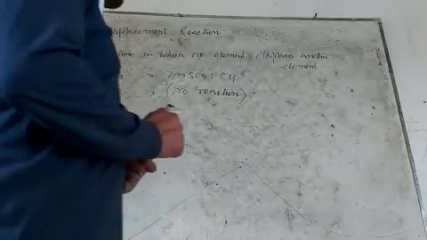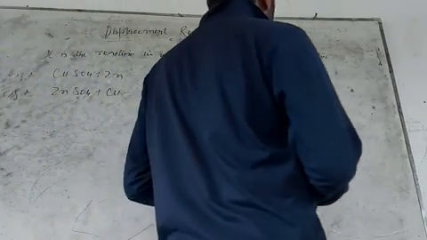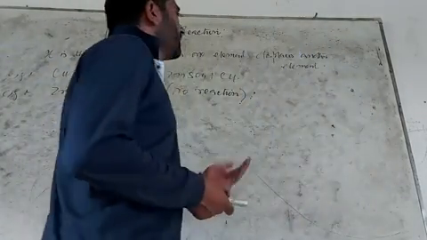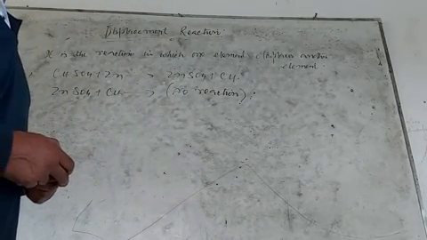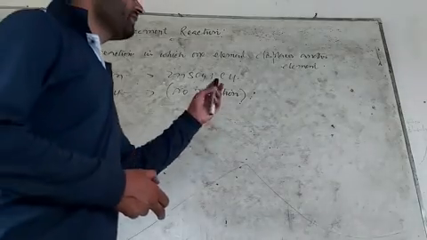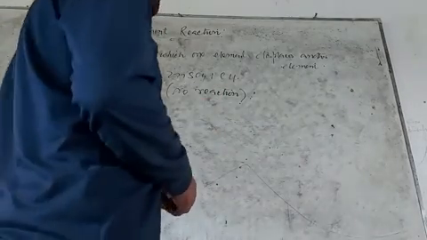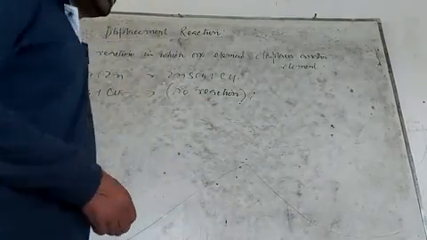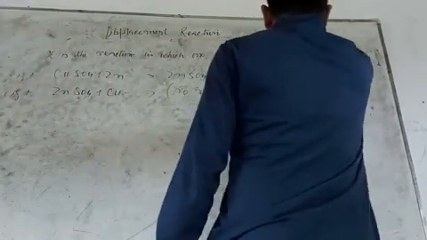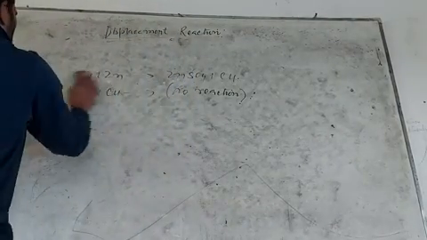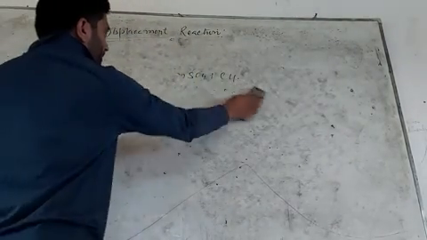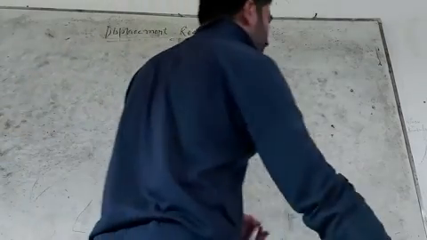Now a question arises: how can we identify which elements have more reactivity and which have less reactivity? To know that, we will go to the series of elements in decreasing order of their reactivity.